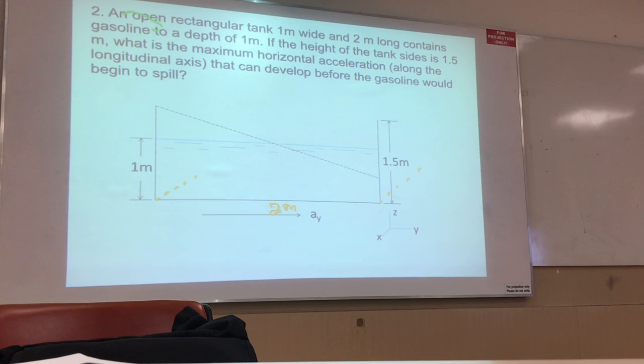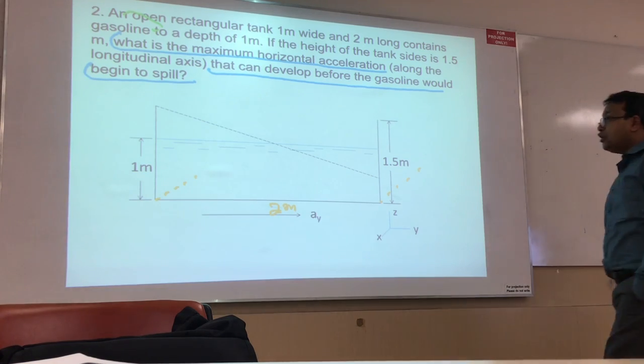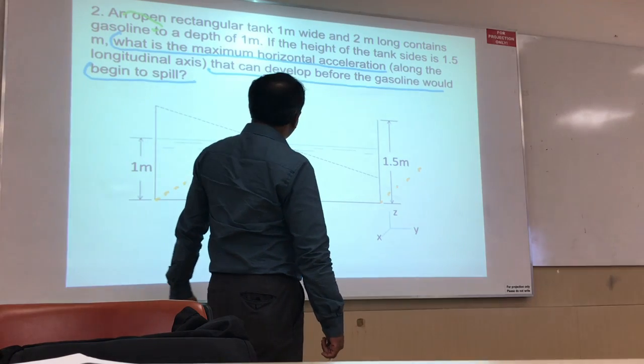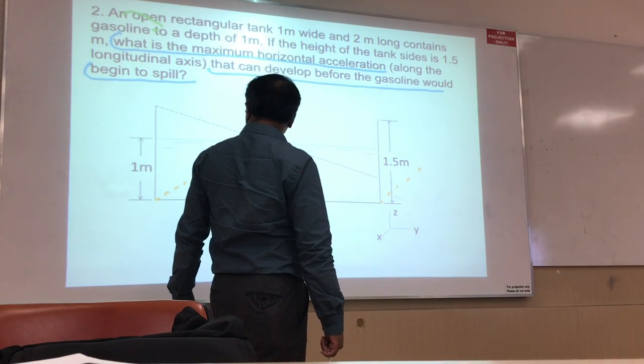So now the question is: what is the maximum horizontal acceleration that can be developed before the gasoline would begin to spill? What do you understand from here? What is the maximum horizontal acceleration along the longitudinal axis that can develop before the gasoline would begin to spill?